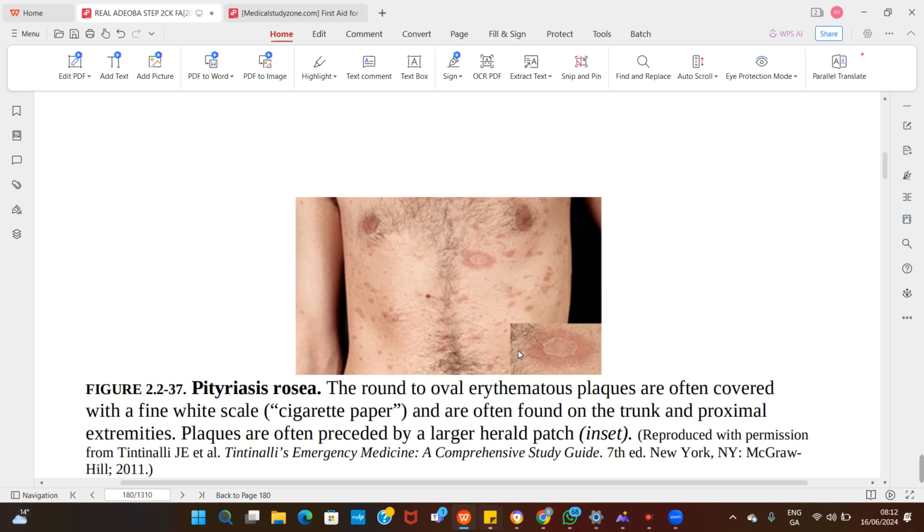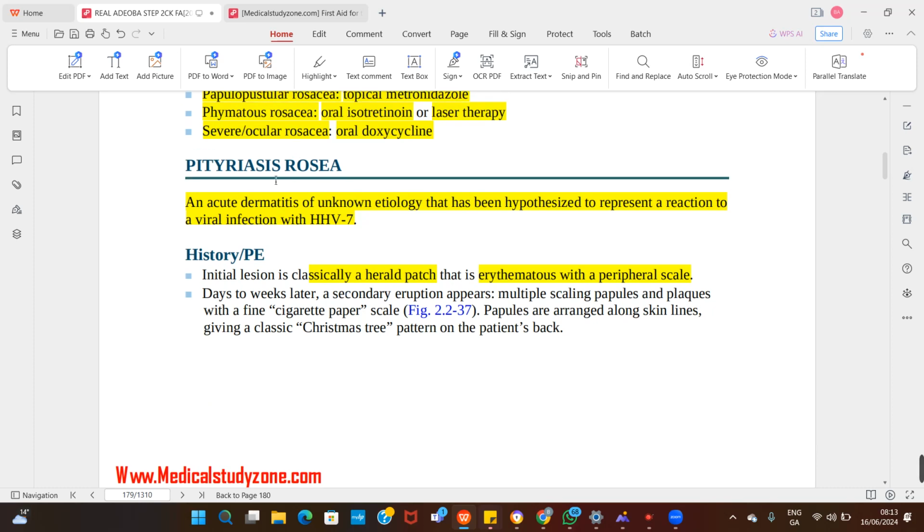So once they tell us in the question stem that somebody has fever, has malaise, headache, then subsequently the person develops an erythematous annular patch with a peripheral scale in the trunk. We know they are describing the herald patch, so we should start thinking about pityriasis rosea. Please, not pityriasis versicolor.